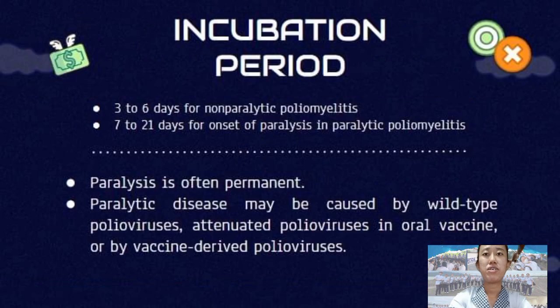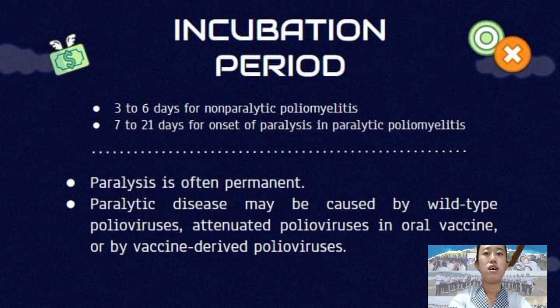So for the incubation period, the incubation period of poliomyelitis is 3 to 6 days for non-paralytic poliomyelitis and 7 to 21 days for onset of paralysis in paralytic poliomyelitis. The risk of severe disease and death following primary infection with poliovirus increases with increasing age.